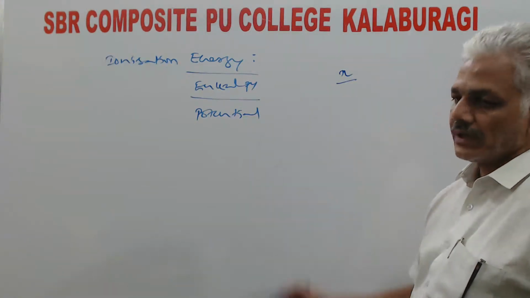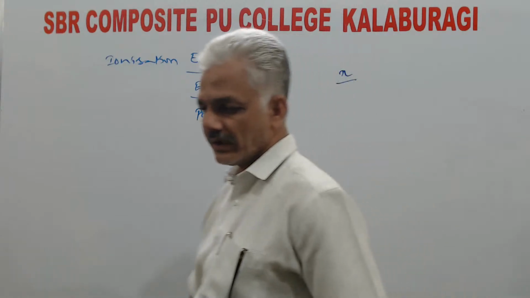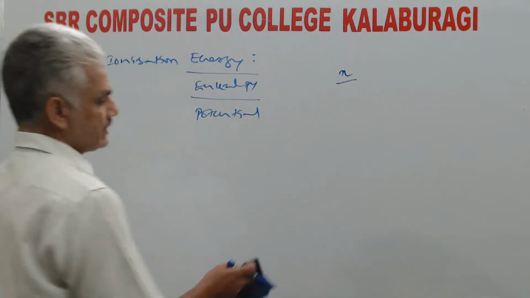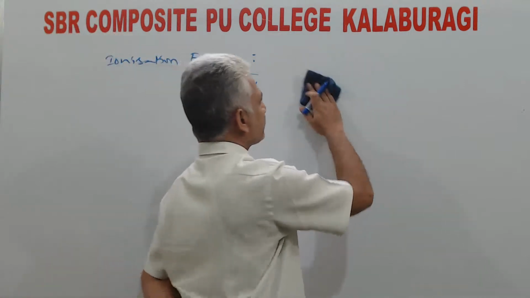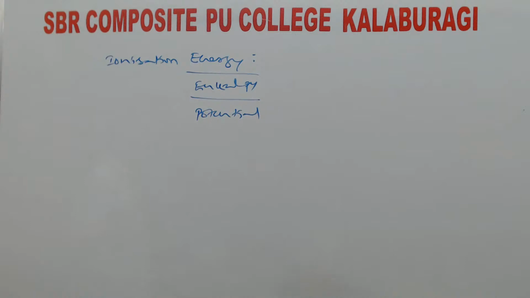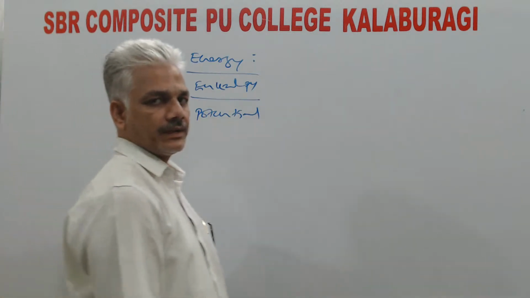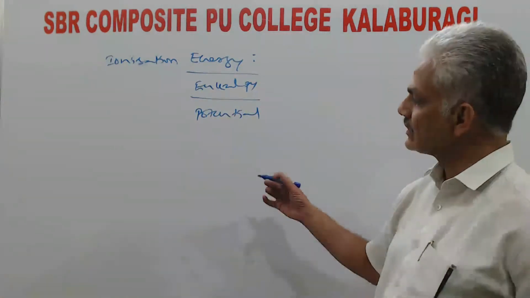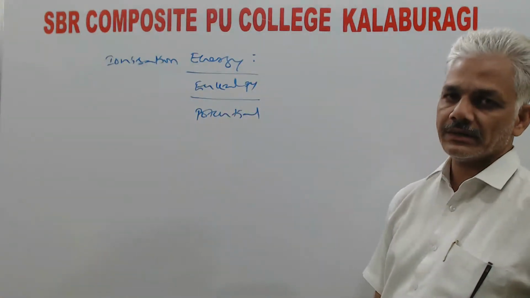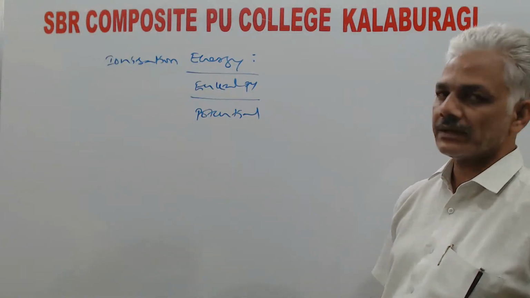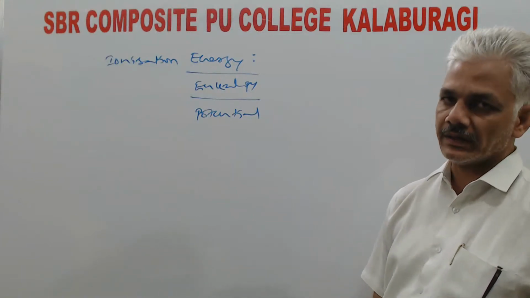So when you start removing the electrons one by one, the amount of energy required keeps on increasing proportionately, because initially the atom will be neutral. So the number of electrons and number of protons will be equal. But once you start taking away the electrons, the number of protons remains the same, but the number of electrons present in the atom decreases.